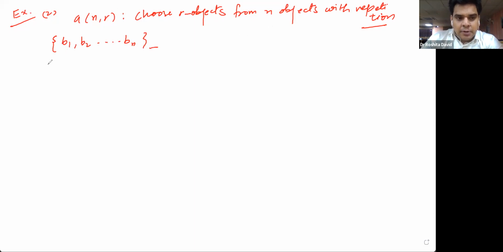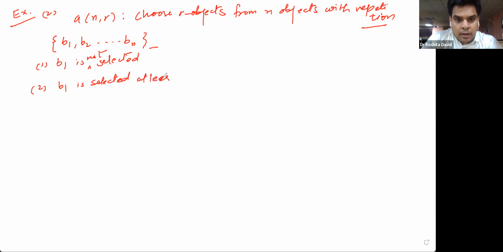So there will be two choices. Suppose I'm selecting b1. Either b1 is not selected, or b1 is selected at least once. At least once means more than once is also possible. So these two conditions are there.